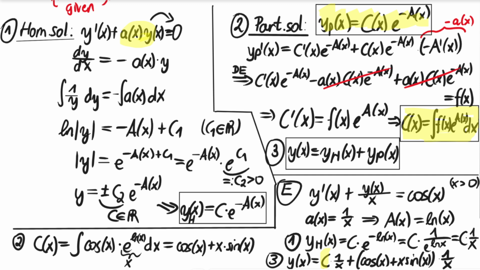We have learned that also first order linear differential equations with non-constant coefficients can be solved using the homogeneous and particular ansatz, as we have written down here in part 3. That's all. Thanks so much for your attention and see you soon.